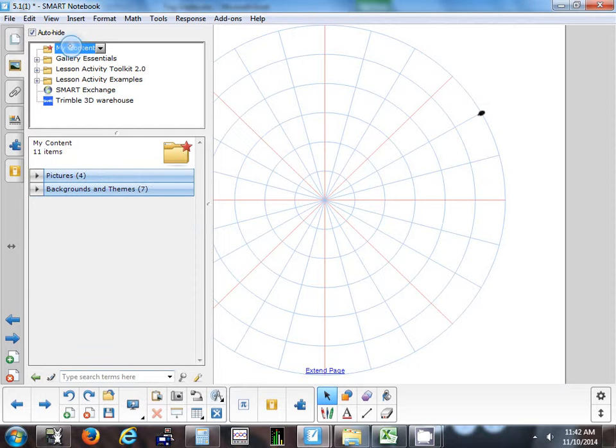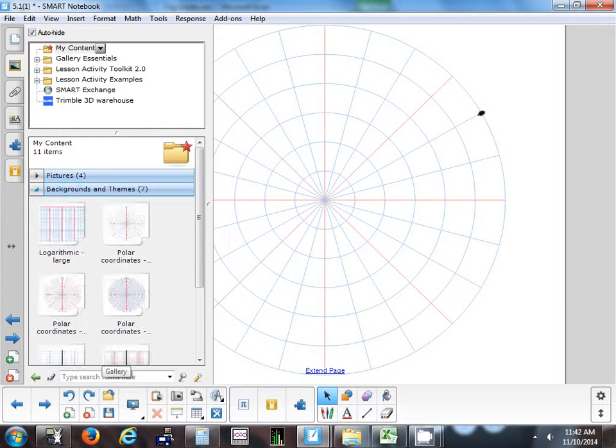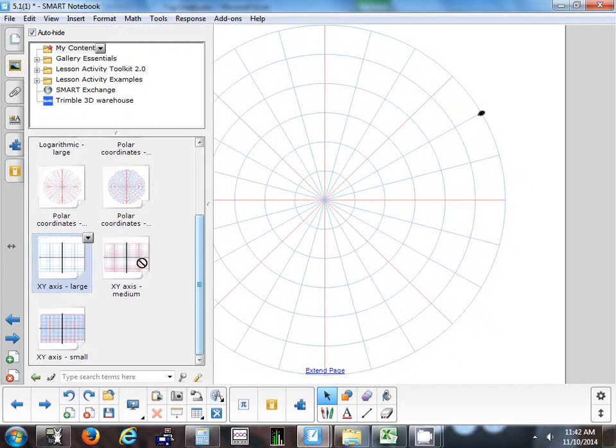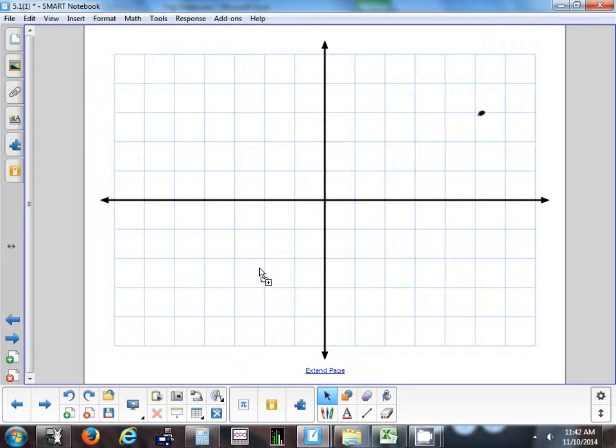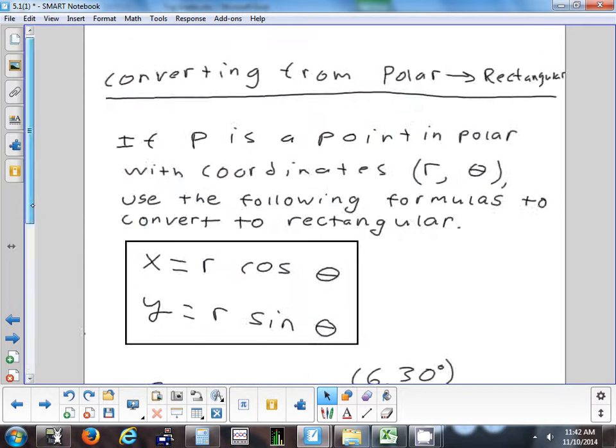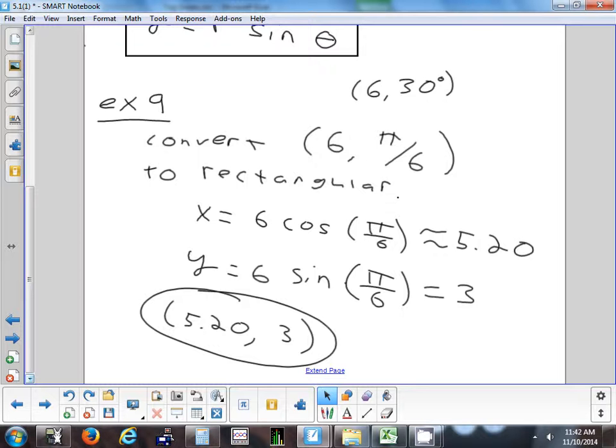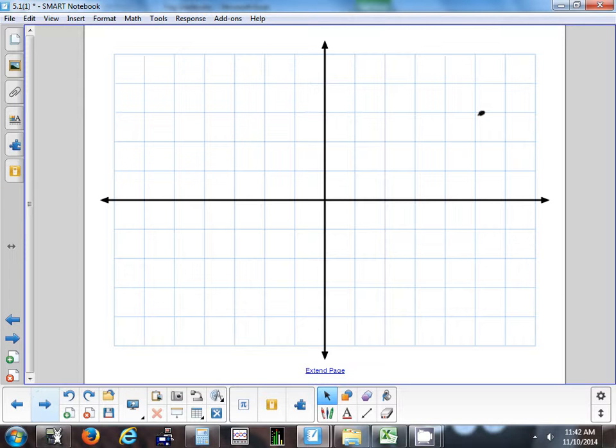So let me see if I have it. So let's check. So it looks like we're a little bit more than 5 units to the right. We had 5.2, and it is 3 units up. So that point landed exactly where it should have. Okay. Any question on that?